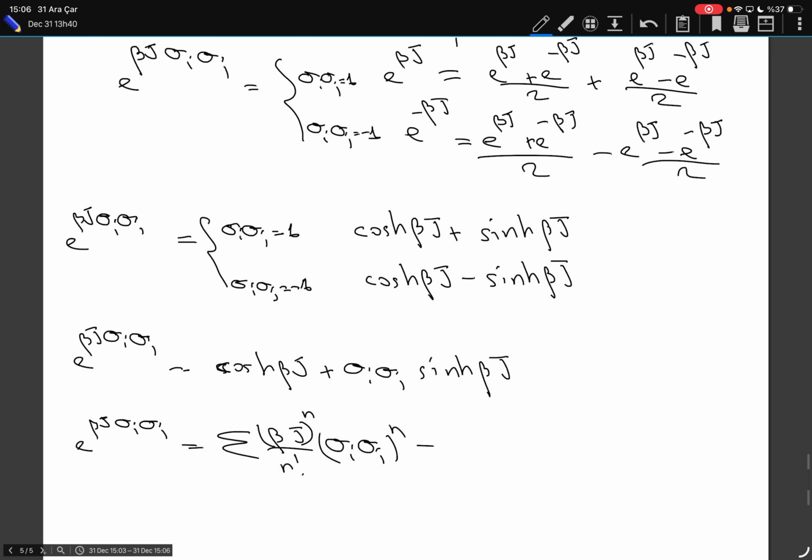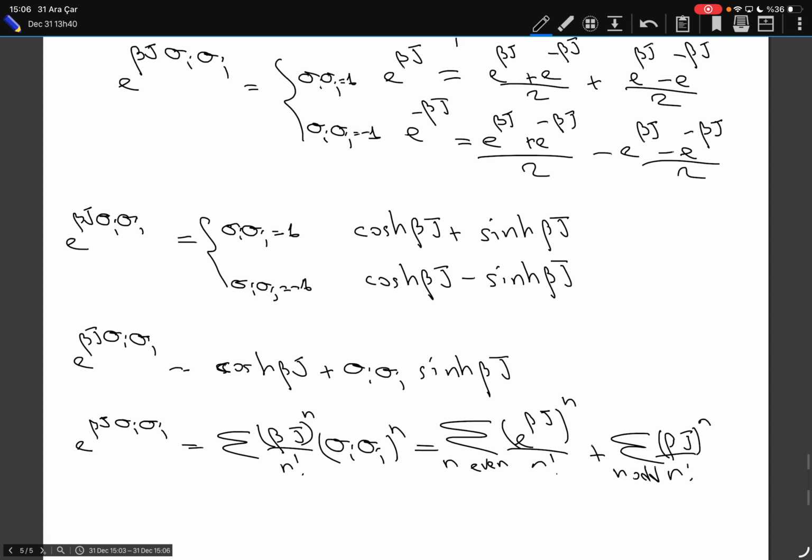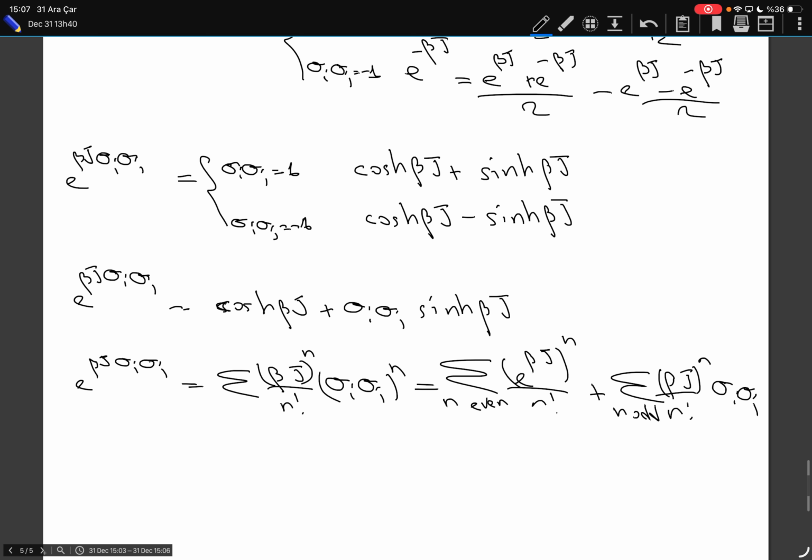So this is equal to the sum over n even of beta j to the power n over n factorial, plus the sum over n odd of beta j to the power n over n factorial times sigma i sigma j. I just Taylor expanded the exponent. Odd powers of sigma i sigma j are equal to sigma i sigma j. Even powers are equal to 1. So that's the only thing I use. Then of course you have to see that these sums are just cosh and sinh. They are Taylor expansions.